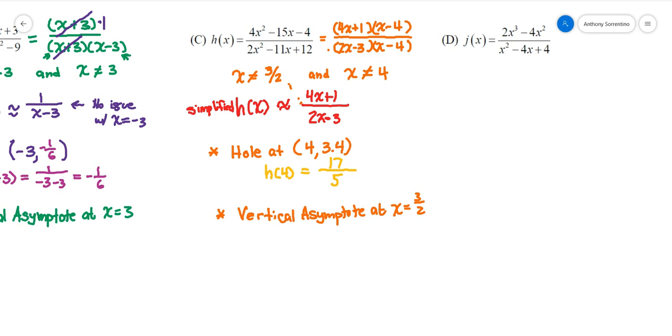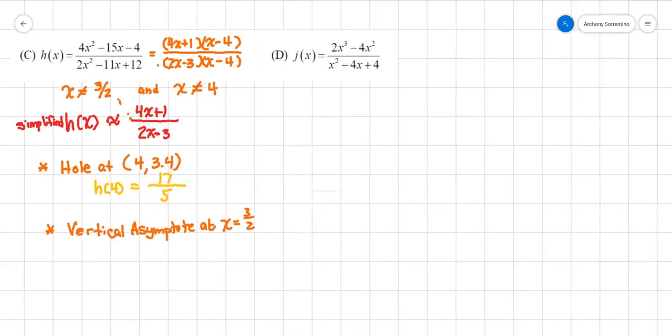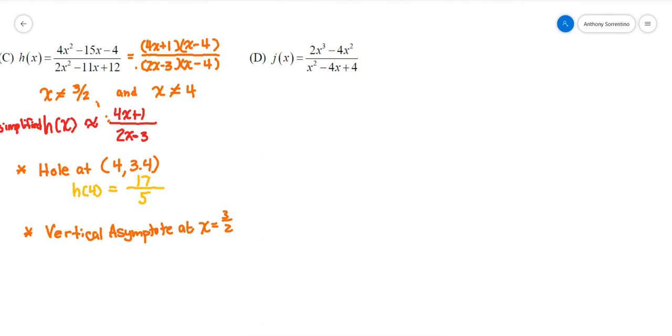In the last one, I have j of x equaling 2x cubed minus 4x squared over x squared minus 4x plus 4. So again, for this, tell me what the domain restrictions are.